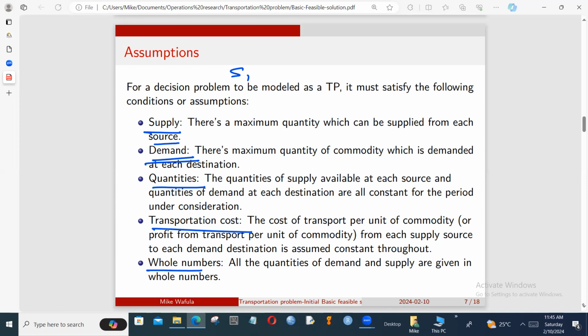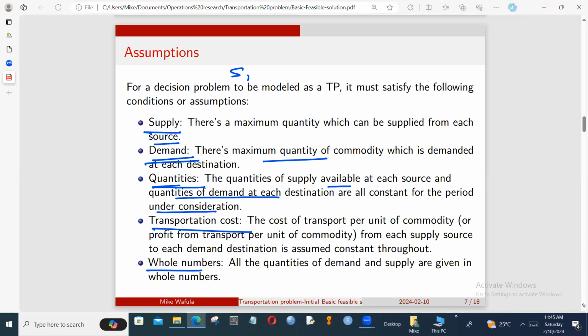And then the demand: each destination must also have a maximum quantity of units that is demanded or needs to be supplied. And then the quantities: the quantities of supply available at each source and the quantities of demand at each destination are all constant for the period under consideration.